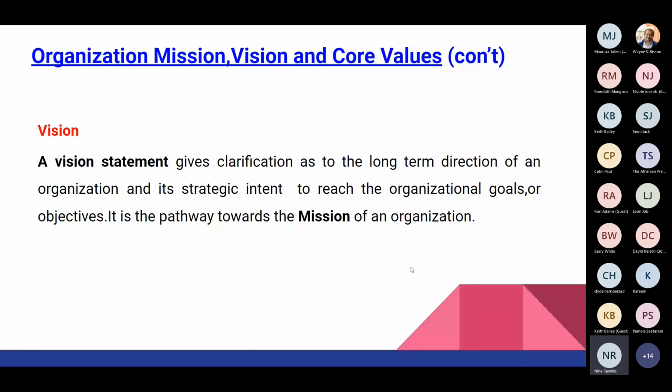And this will be different from a business. The vision for a business may be to expand internationally, to have more retail stores, and so forth. So this is what the vision is about. It's always the plan for the future of the organization.